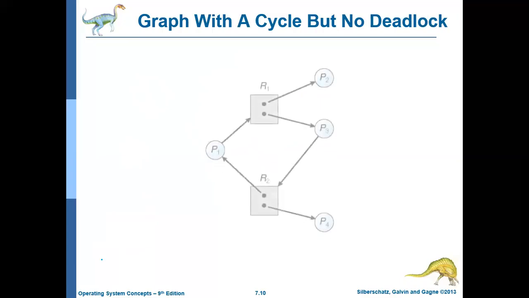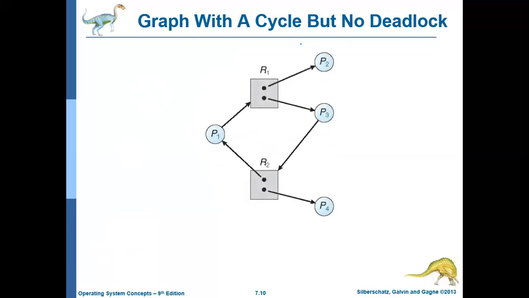Fine. So let us see another graph with a cycle, but there is no deadlock. If you see this particular graph, here there is a cycle, but there is no deadlock. There are four processes: P1, P2, P3, and P4, and there are two resources R1 and R2, and each of these resources has two instances.